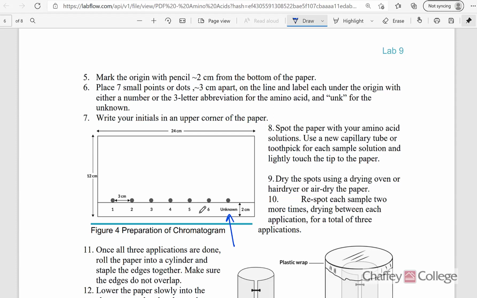So in the TLC experiment of amino acids, we have 6 different amino acid solutions available to us. And these 6 different amino acid solutions are labeled as number 1, 2, 3, 4, 5, and 6. Identity of these 6 different amino acids are given in the sample data.